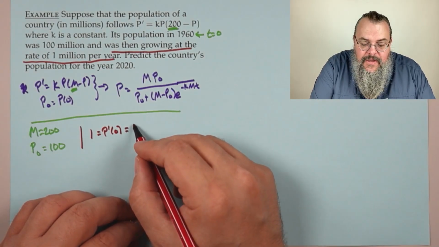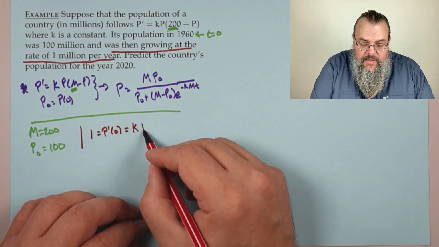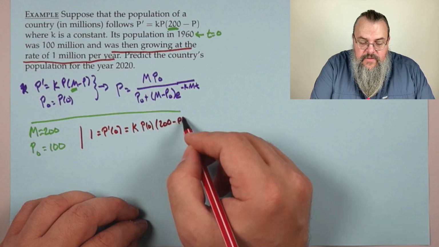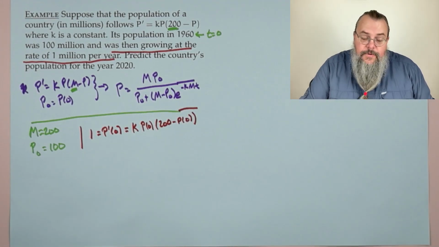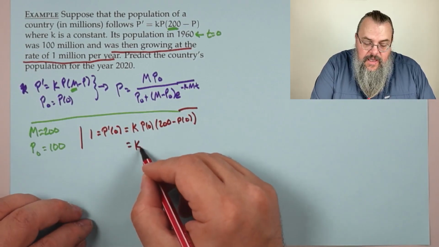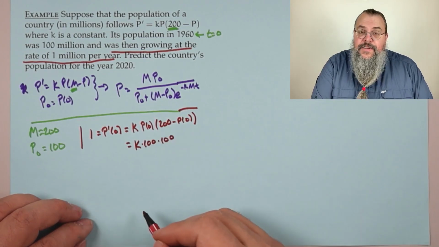So that becomes some constant, which we don't know, times P of 0 times 200 minus P of 0. All right. But we do know what the population is at time 0. We know it's 100. So 1 is equal to K times 100 times 200 minus 100, which is times another 100.